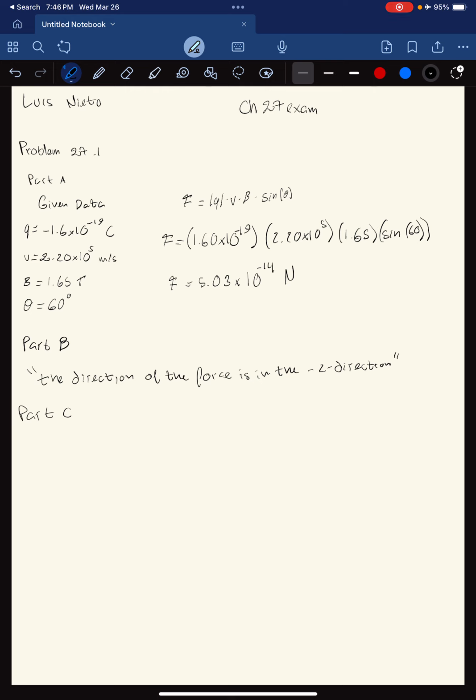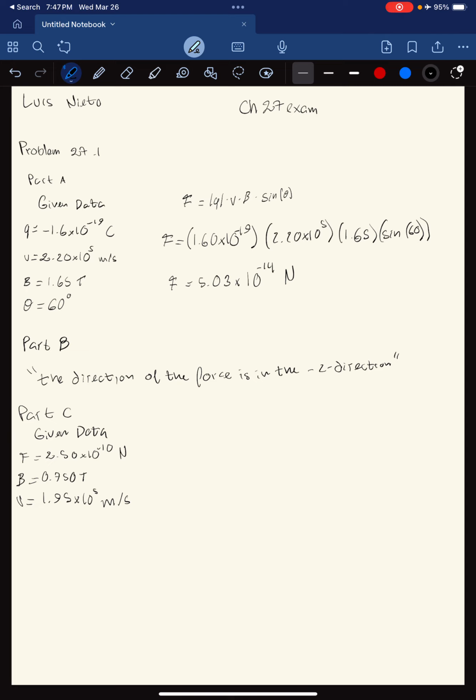All right, first of all, we have the given data. We have the magnetic force, 2.50 times 10 to the negative 10 newtons. Then we have the magnetic field, 0.750 Teslas. We have the speed of the particle, 1.95 times 10 to the 5 meters per second.